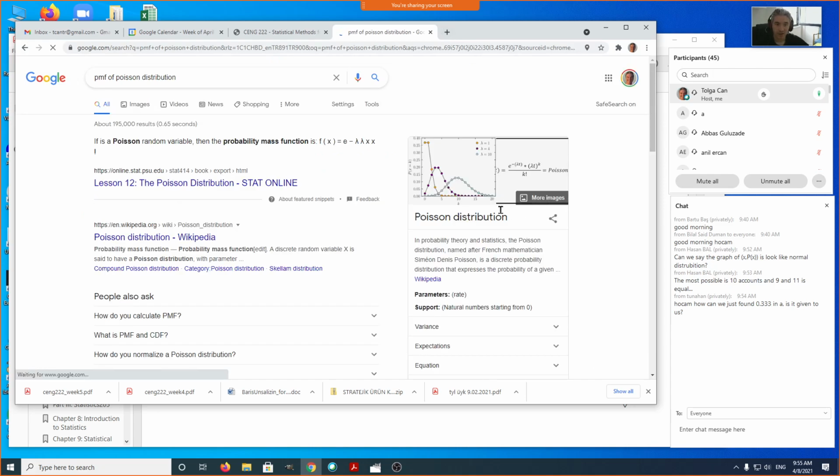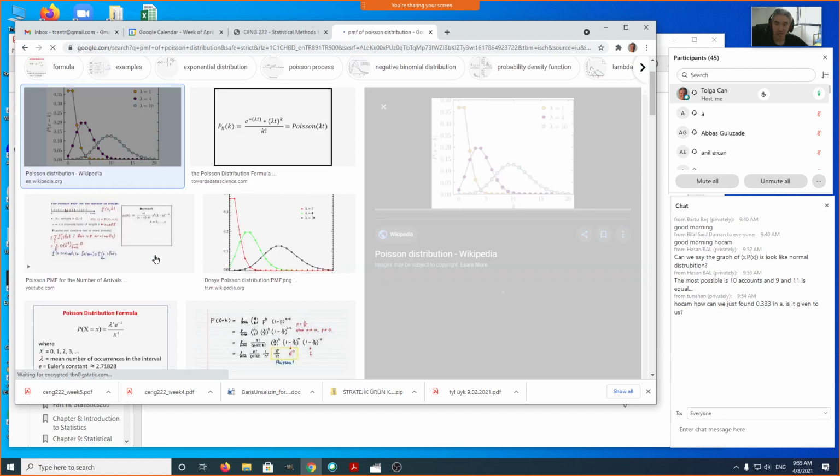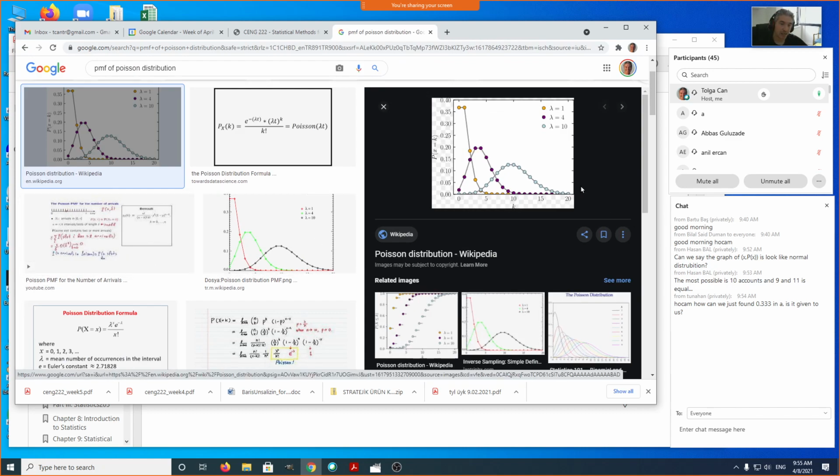So for certain values of lambda, for large values like 10, for example, when lambda is equal to 10, it indeed looks like the normal distribution. But for lambda equal to 4, for example, as you can see, it's right skewed. We know that it ends at 0.